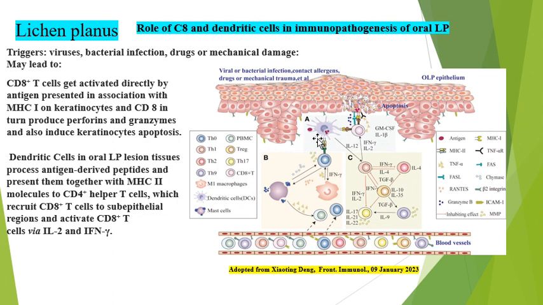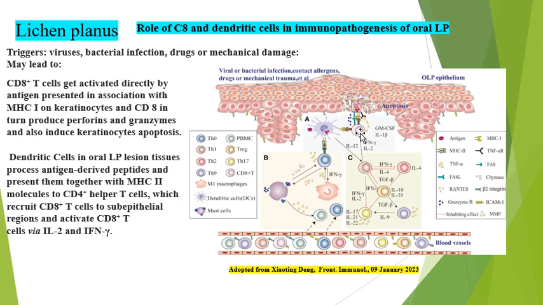Here the antigen may be presented by other antigen presenting cells like dendritic cells and macrophages to T helper cells. So activated CD8 or T cytotoxic cells now become cytotoxic T cells.